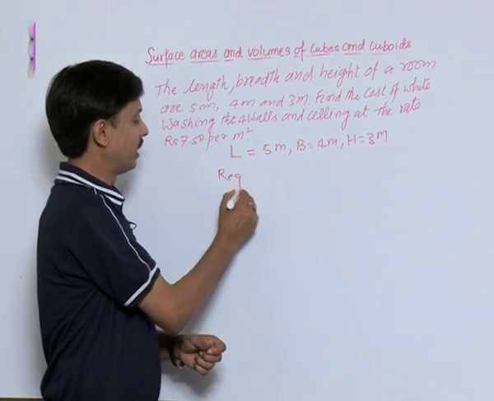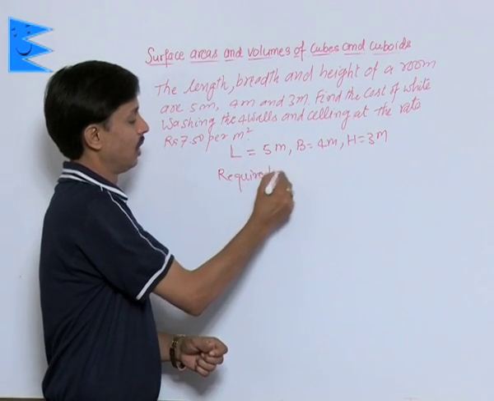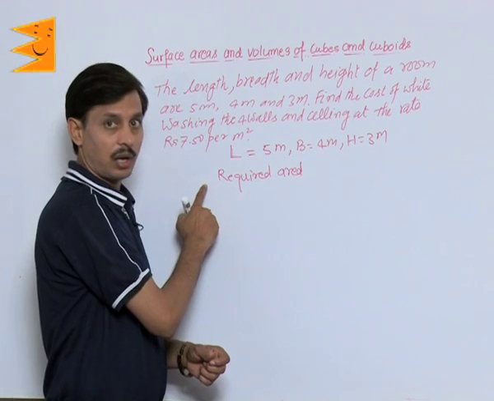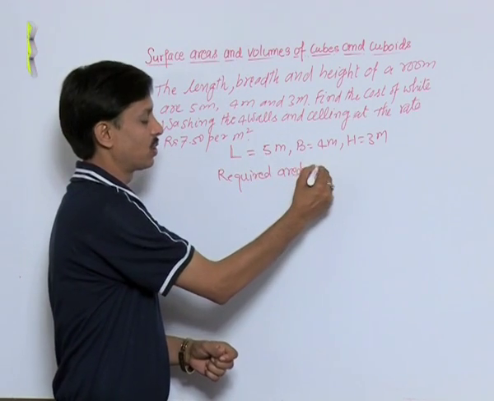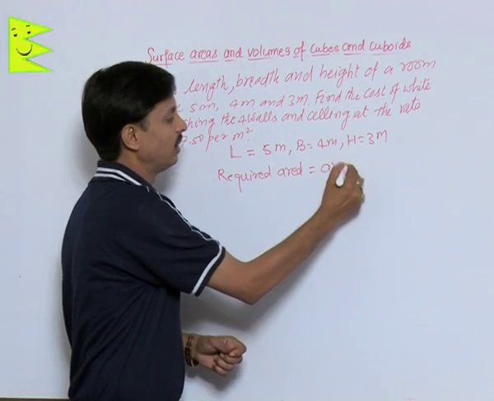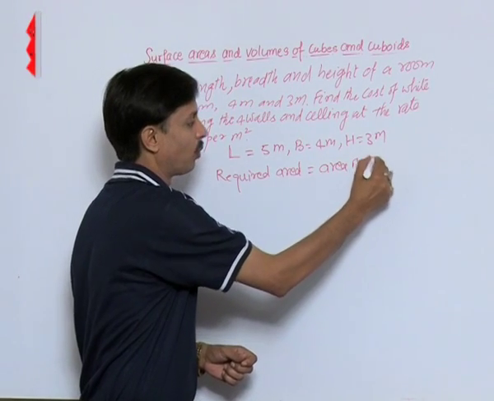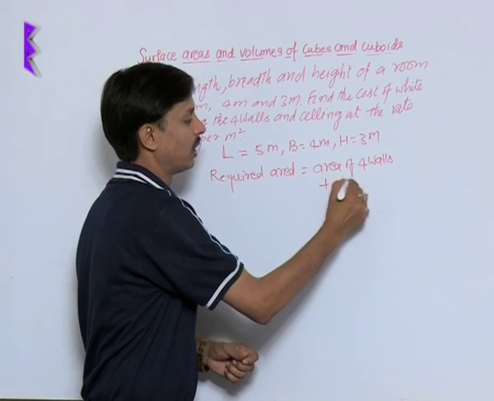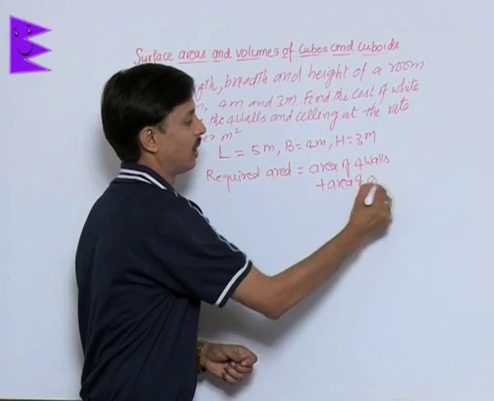Required area is equal to area of 4 walls plus area of ceiling.